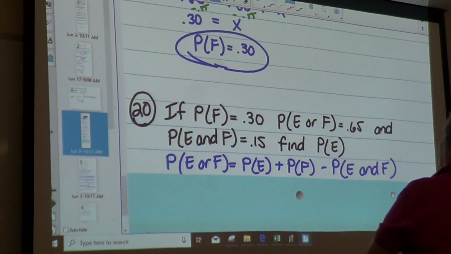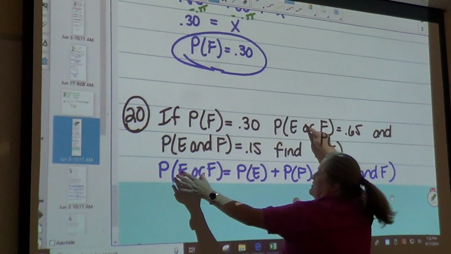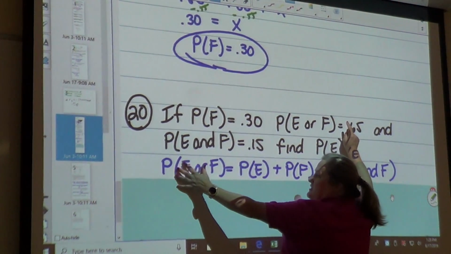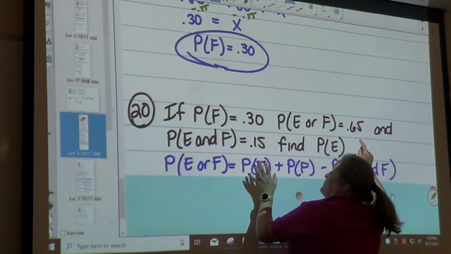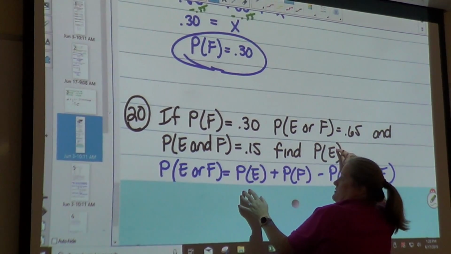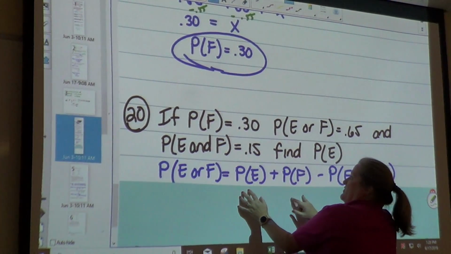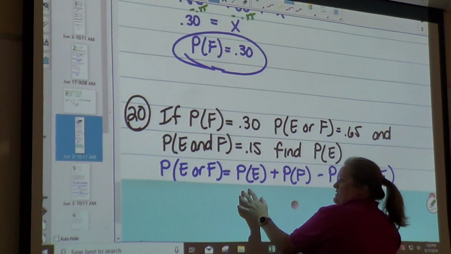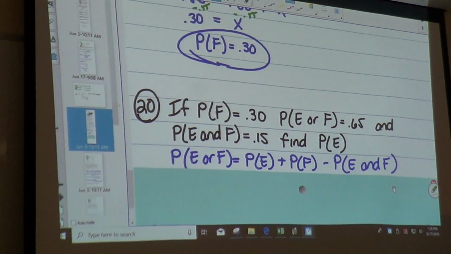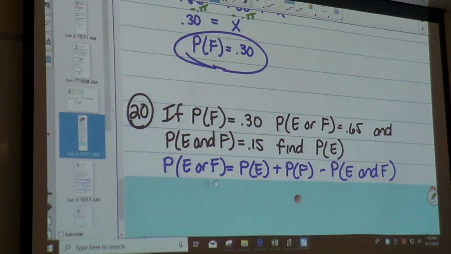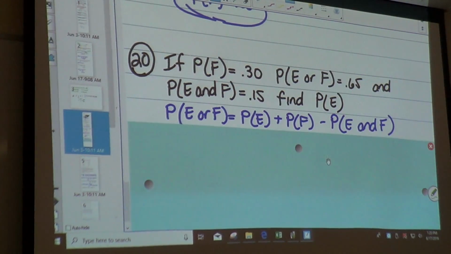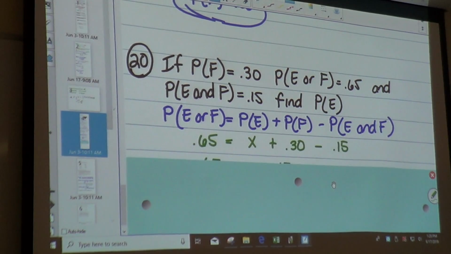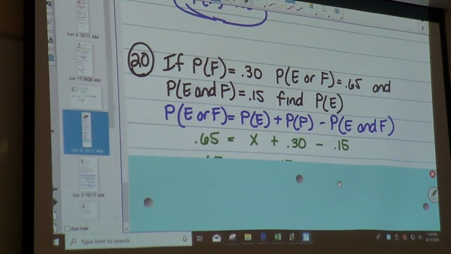All right. They told me that the probability of E or F is going to be 0.65, which goes here. The probability of E we don't know. The probability of F is 0.30. And the probability of the overlap is 0.15. So once I plug in, I'm going to combine my 2 at the back.